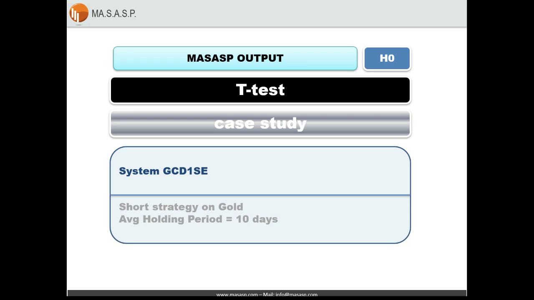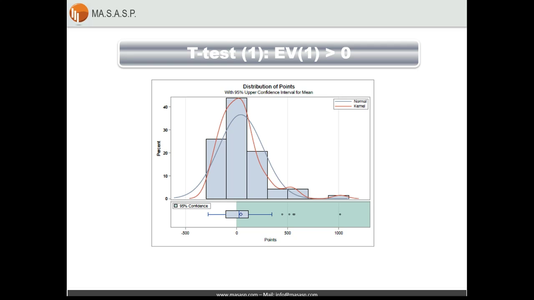Finally, we come to a real-life example. We refer here to the short strategy on gold. The expected value confidence limit is the light blue band plotted at the bottom of this chart. It clearly stands above 0, then within the profitable trades area.